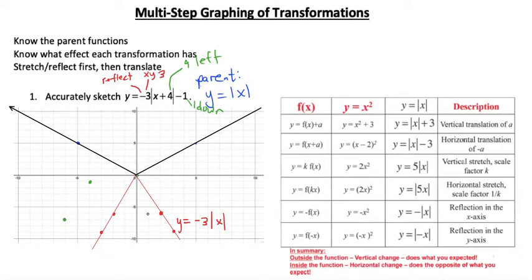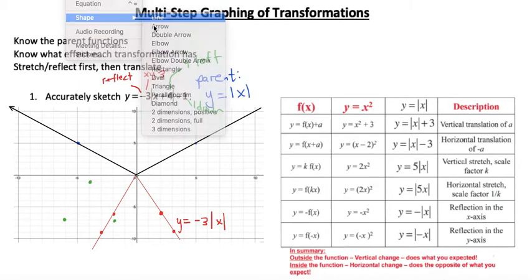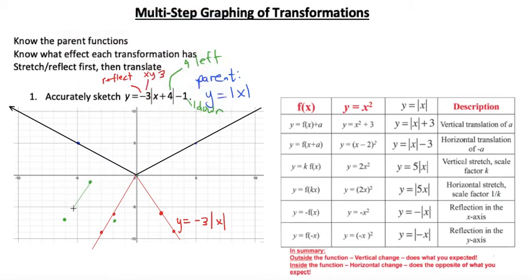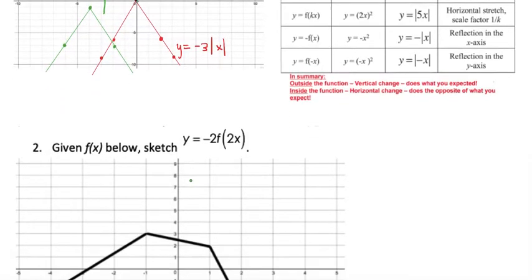And then 1, 2, 3, 4, and 1 down. The shape will not change because you're just translating it now. And there it is. I'm rushing a little bit so that this is not too long, but this is now the final result, okay? So let's take a look at one more.